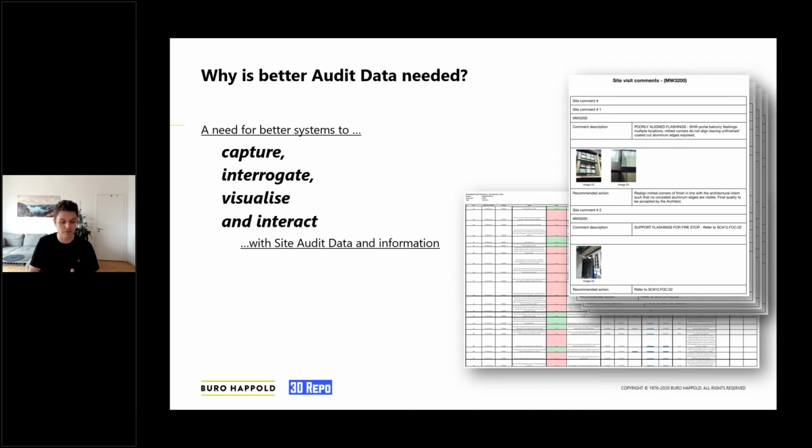And for those reasons, it can then also be difficult to track the rectification process, leading to disputes and delays and the like. So we identified a need for better systems to capture data, to interrogate the data, to visualize and interact with that data.